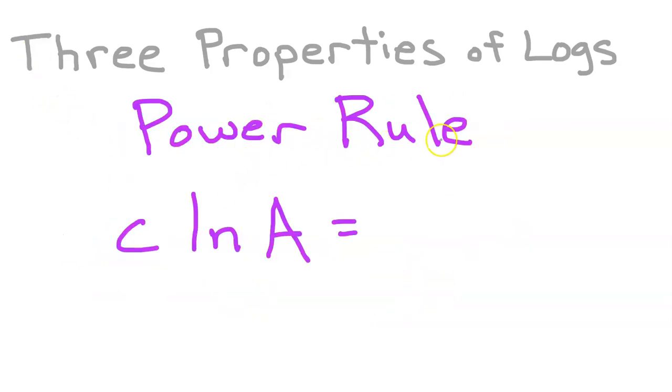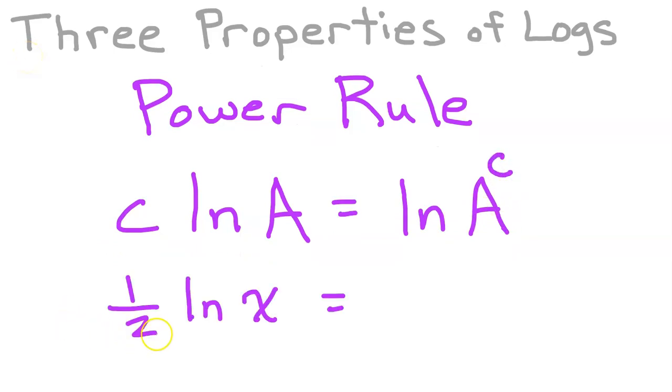And then there is the power rule, which says that if you take a log and multiply it by something, it has the same value if you take whatever you were multiplying by and you make it the exponent. For example, if I have 1/2 times the natural log of x, according to the power rule, I can take this 1/2 and make it the exponent, and it would have the same value.